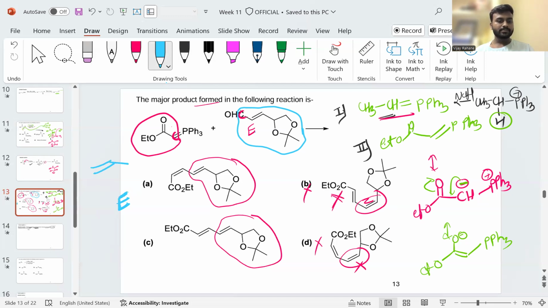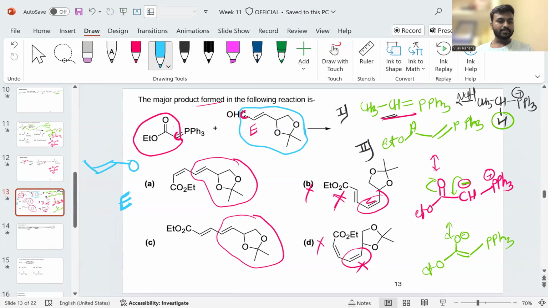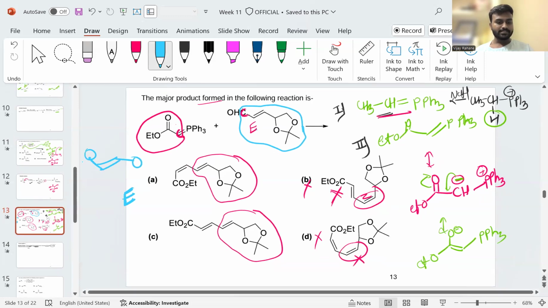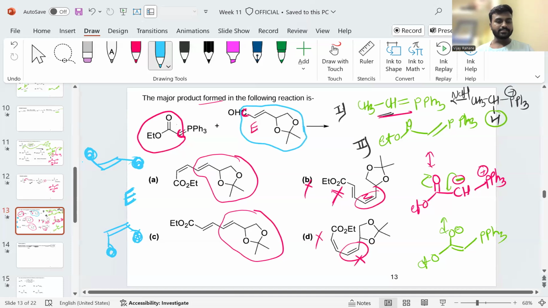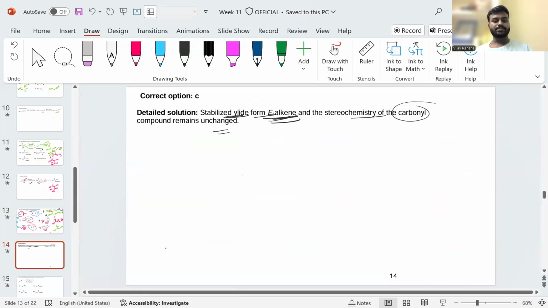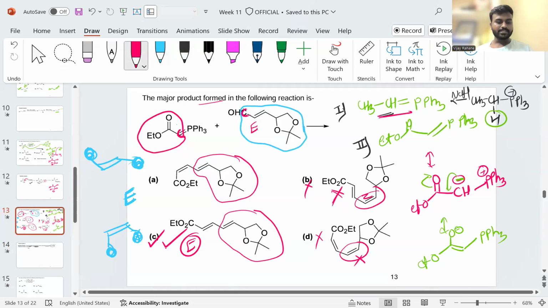So E means like this manner, and Z means like this manner. This can be any group. You can consider E as trans and Z as cis. So the product should be the one which has the E geometry, so option C is the correct option here.